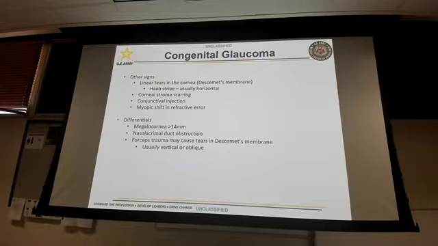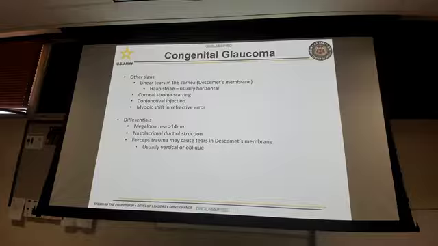Other signs that you can see are these linear tears in the Descemet's membrane, and they tend to follow a horizontal pattern called Haab's striae. You can have some corneal stroma scarring, redness of the eye, so conjunctival injection, and there tends to be a myopic shift in their refractive error, so a more nearsighted shift to their prescription.